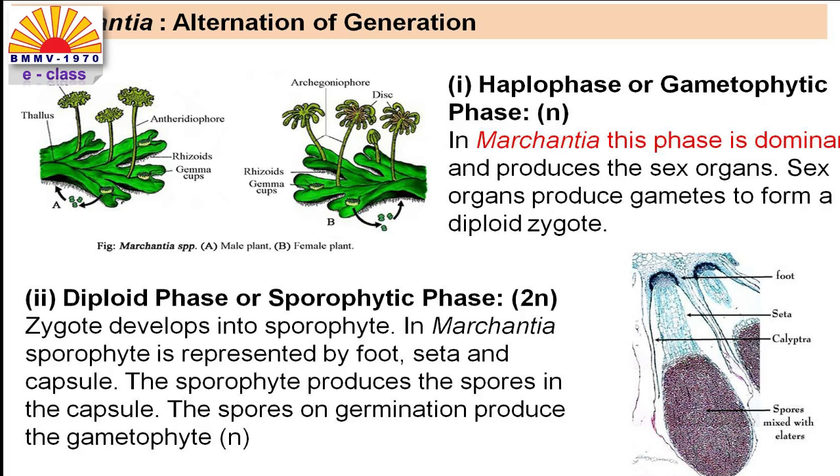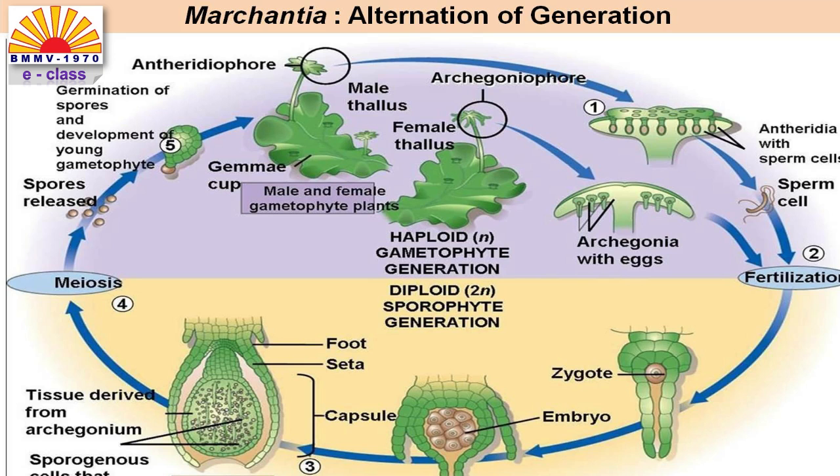With the formation of the zygote, the sporophytic phase starts. The sporophytic phase, represented by 2n number of chromosomes, is initially represented by a diploid zygote that develops into a sporophyte. In Marchantia, the sporophyte will never leave the gametophyte and derives all the nutrients from the gametophyte through a specialized tissue known as foot cells.